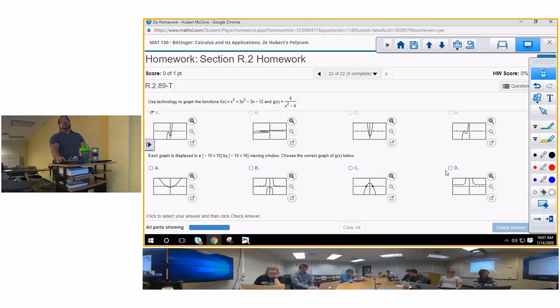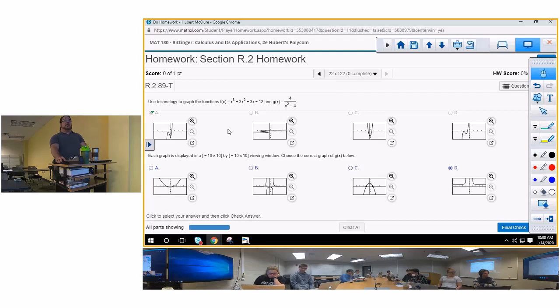We know we got a what shift? Vertical, well, that's not a vertical shift. It's probably going to be this one. Nope. So it's a funky one. So that would be 4 times 1 over x squared minus 4. So the minus 4 is a vertical shift of 4 down.